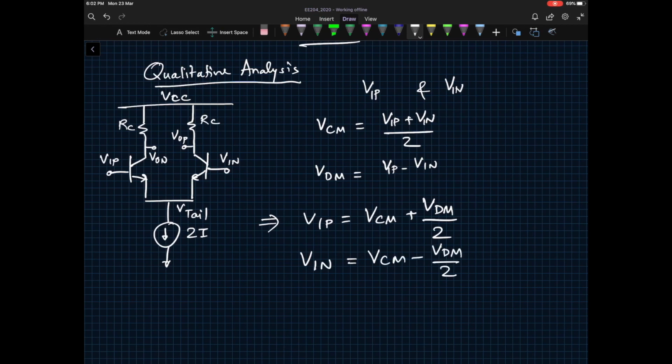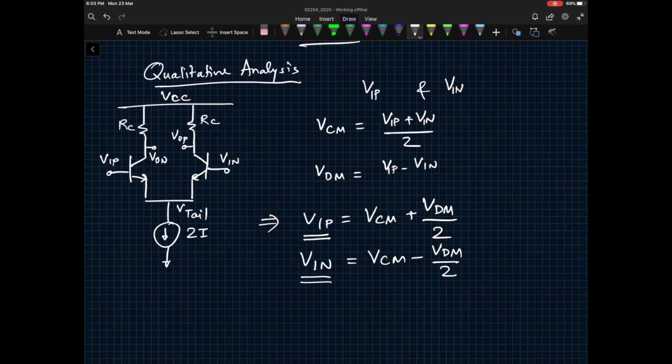What we have done is constructed the two input voltages VIP and VIN with a common mode part and a differential mode part. So remember, the common mode part should have the same sign on both sides, whereas the differential part will have a positive and negative sign, and that's why it's called differential signal.